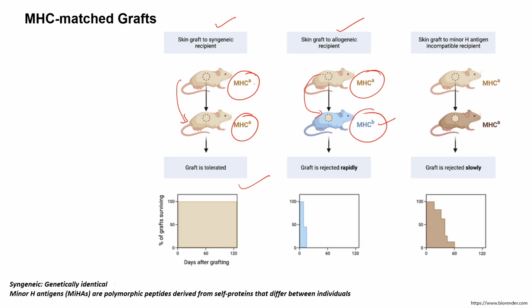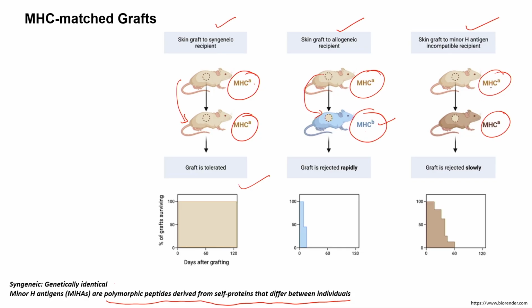So this is the second condition, and the third condition is skin graft to minor H antigen incompatible recipients. We can see that these 2 are both MHC-A allelic mice, but minor H antigens are polymorphic peptides derived from self proteins, and they differ between individuals. So there are subtle differences between these 2 mice in terms of H antigen.